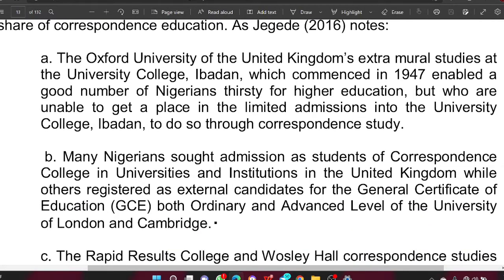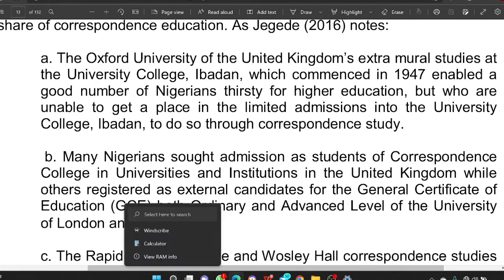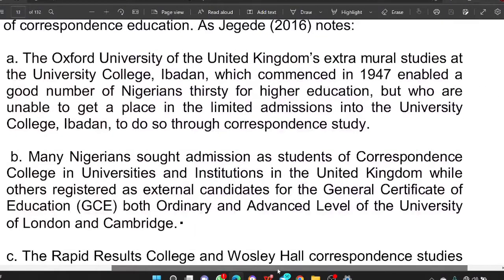A. The Oxford University of the United Kingdom extramural studies at the University College Ibadan, which commenced in 1947, enabled a good number of Nigerians thirsty for higher education but who were unable to get a place in the limited admissions into the University College, Ibadan, to do so through correspondence study.